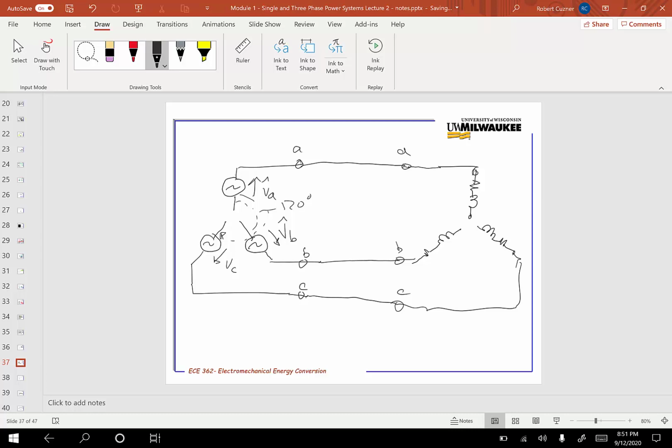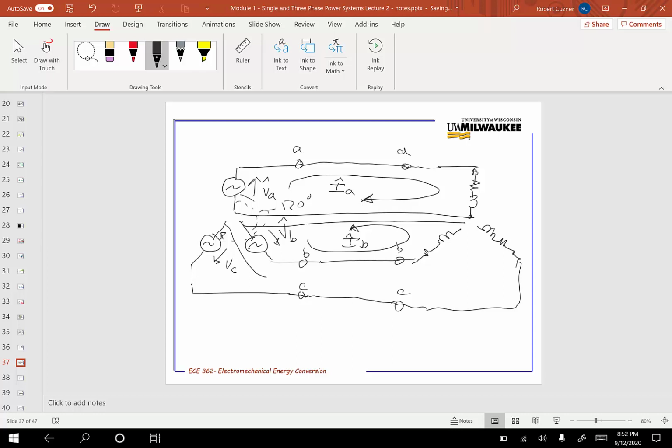Now, I said you have 3 separate circuits, so let's draw the return line. So you've got your phase A voltage applied, and here's the phase A current. You've got your phase B voltage applied, and this is the phase B current.